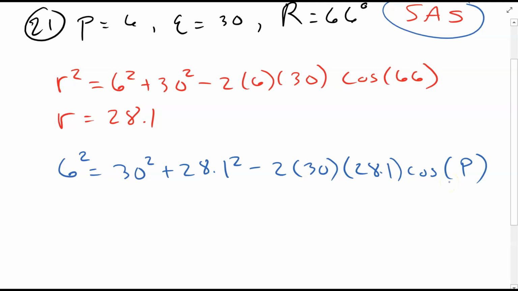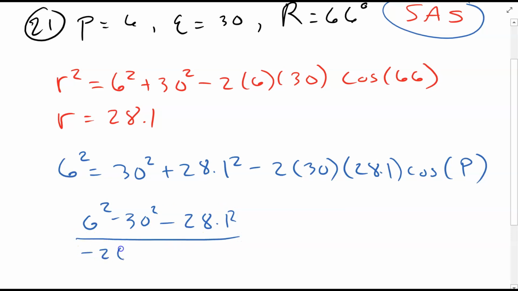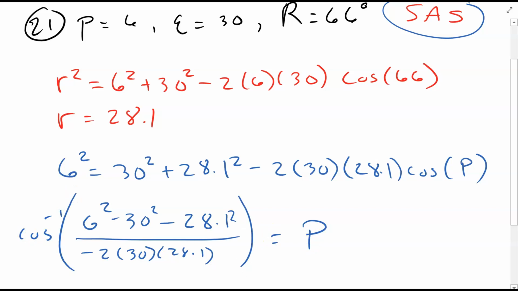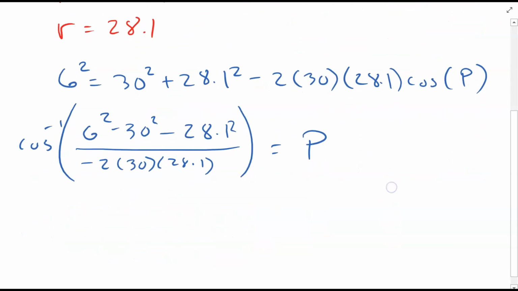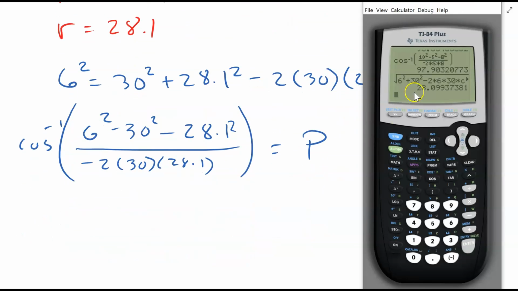All right, to solve for P, I'm going to subtract 30 squared from both sides, and then 28.1 squared from both sides, and then divide by 2 times 30 times 28.1, and then take the cosine inverse of both sides, and that'll give me P. And again, I'm going to do that all in one line on my calculator. So cosine inverse, and then I like to do the fraction command because it's hard to mess up my parentheses and stuff on my calculator when I'm doing that.